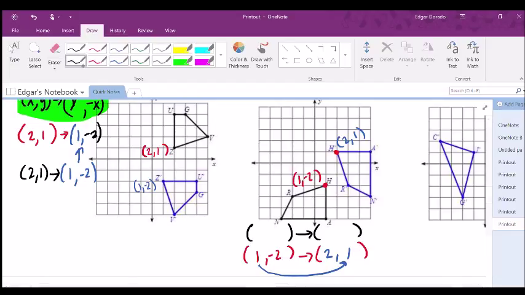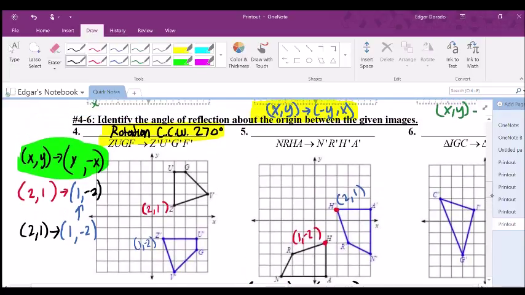So again, let's write down the rule. (x, y) to (-y, x), which makes sense. Look, my -2 is now a +2, and my x's, nothing happened to them, they just switched roles. Now my x is a y. So this is a rotation counterclockwise of 90 degrees.